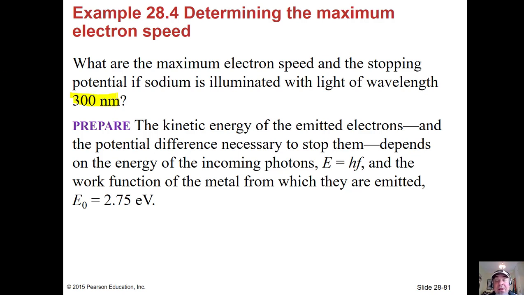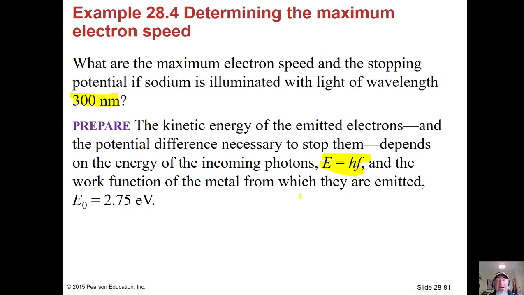The previous problem, we just figured out how much to just liberate an electron. In this part, not only are we liberating an electron, we are giving it extra energy. Okay, so whatever's left over after the work function goes into kinetic energy. So the kinetic energy of emitted electrons and the potential difference necessary to stop them depend on the energy of the incoming photon, so hf, and the work function.